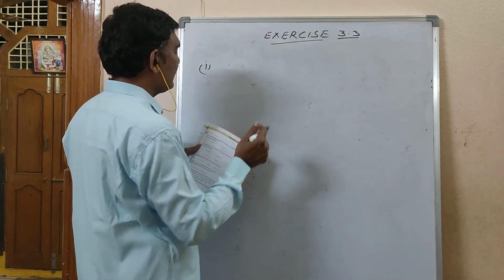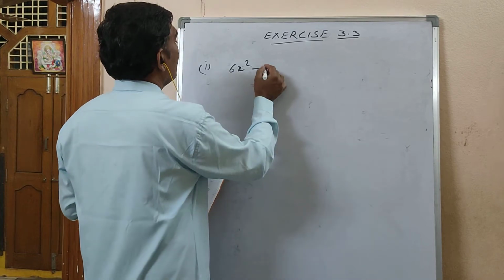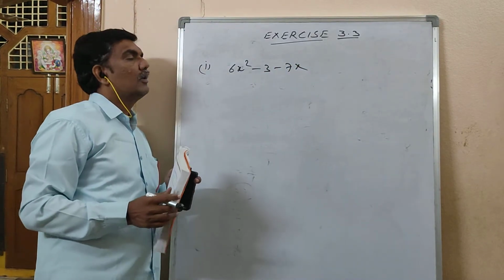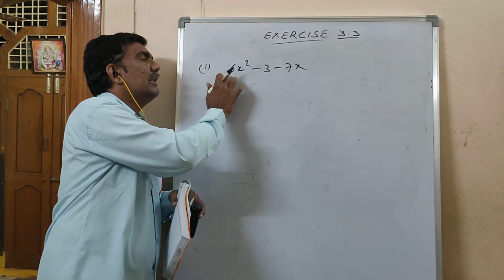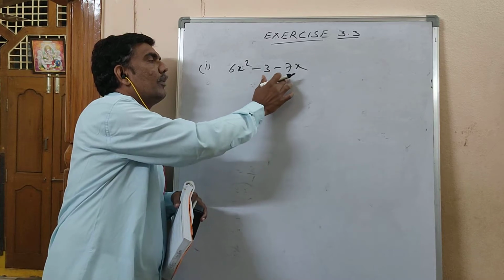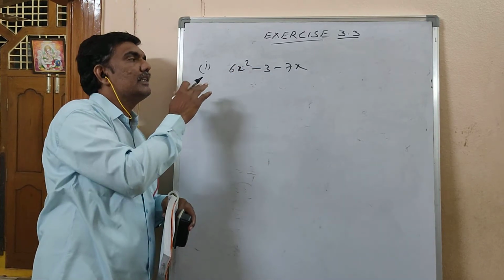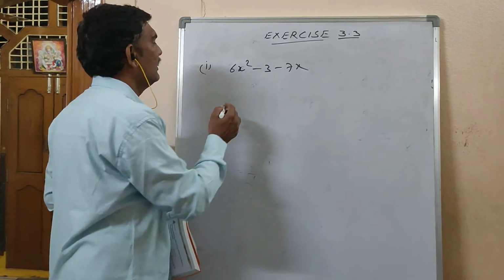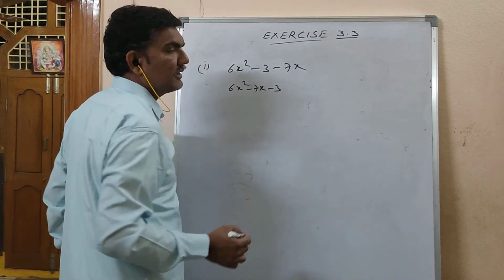Here he has given 6x square minus 3 minus 7x. So directly now I can't solve like this, because in a quadratic polynomial, first x square, then x, then constant, you should get it. So it is not in descending order of the powers of x. Make it as 6x square minus 7x minus 3.